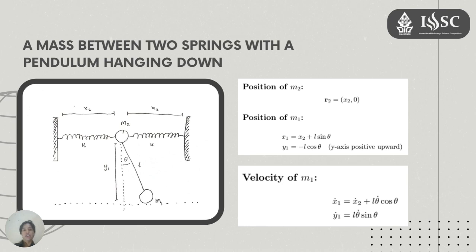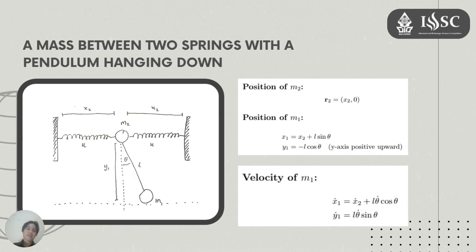Firstly, we determine the position of M2, proposed as R2, with the x-coordinate as x2 from the wall or the static support that has been attached with the spring through the metal balls. So we determine that as x2, and the y-coordinate is equal to 0. Subsequently, we determine the position of M1. x1 is equal to x2 plus L sin theta, with sin theta taken from the angle in front of the trigonometry function.